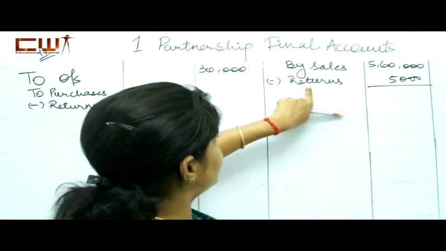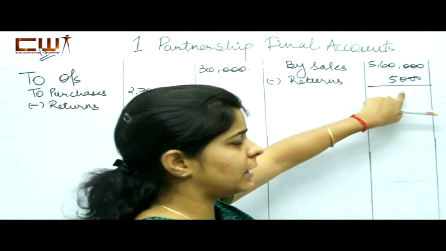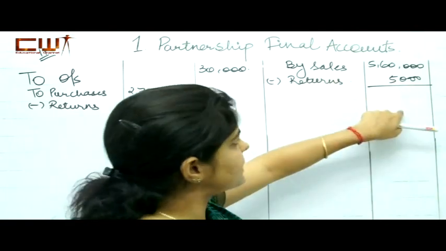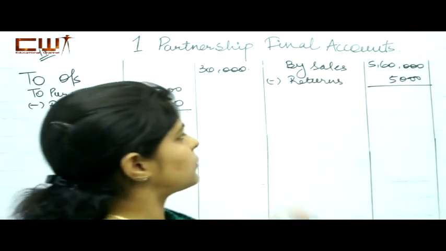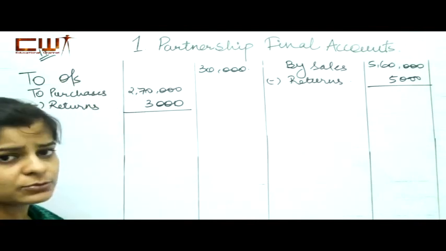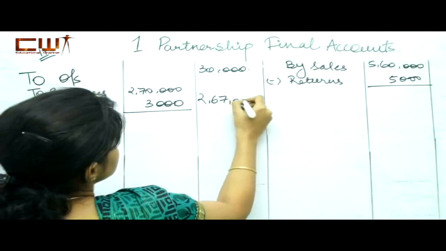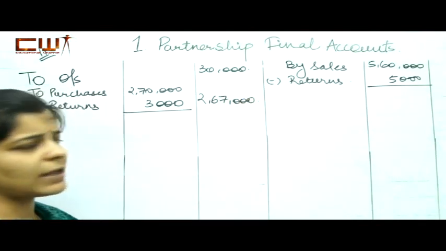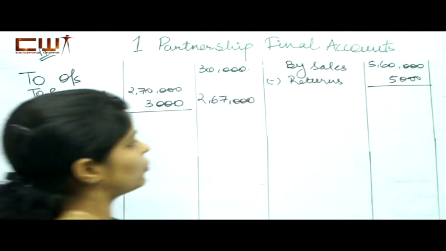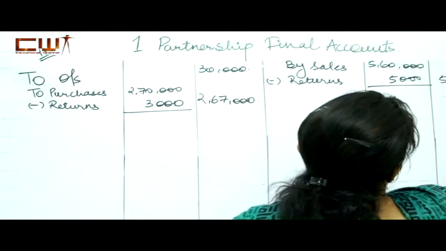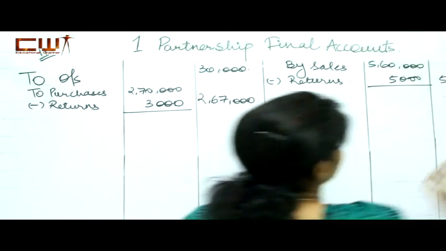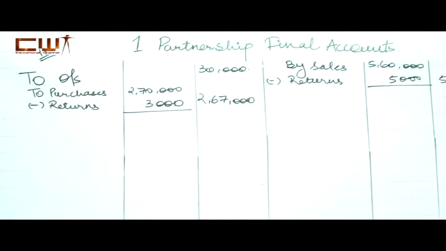And this is a debit item. That is 5,000 is a debit balance, you are writing on the credit side of the account. So you are subtracting it. So 2,70,000 minus 3,000 will give you 2,67,000, right? 5,60,000 minus 5,000 will give you 5,55,000, right? Then what is the next thing you have?